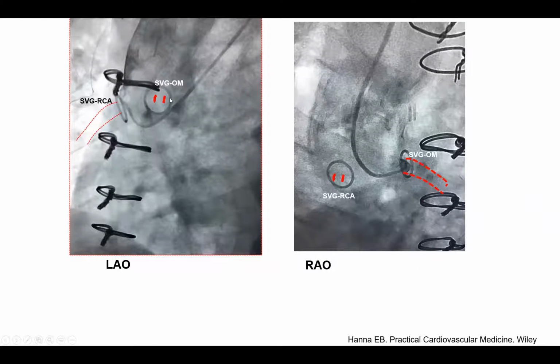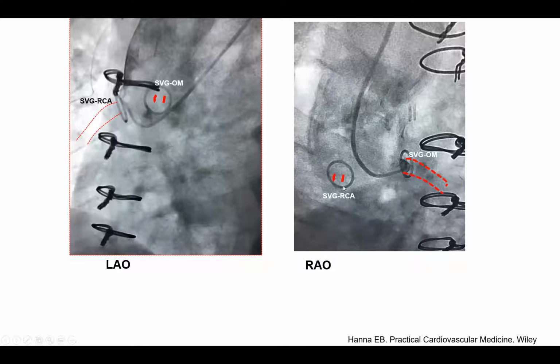It's hard to engage a graft to OM in this view because you have to make it look at you. In this one, you can lay it out perfectly and make it point toward that circle. It's actually best to make that LAO view very much orthogonal to that graft, so much so that that circle becomes like a line. This is when it's easiest to engage it. You make that circle a line.